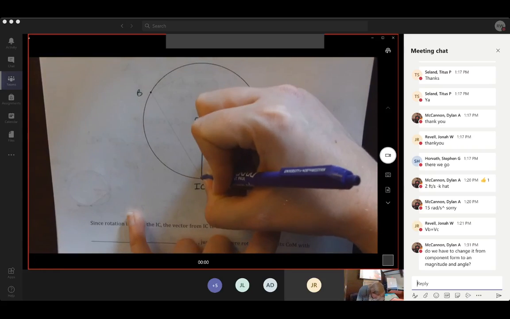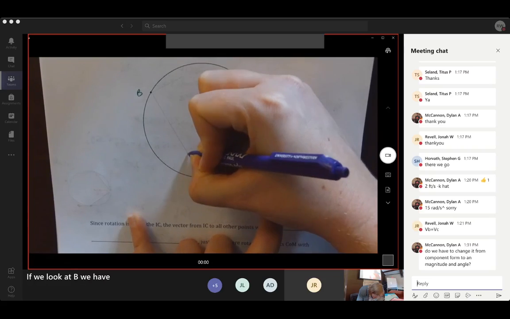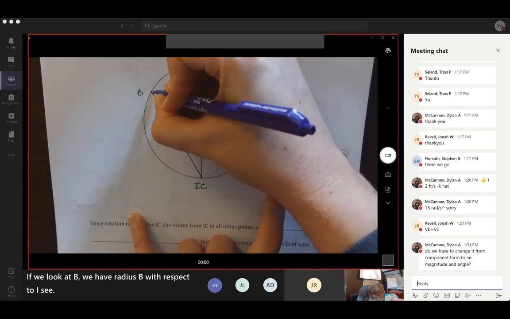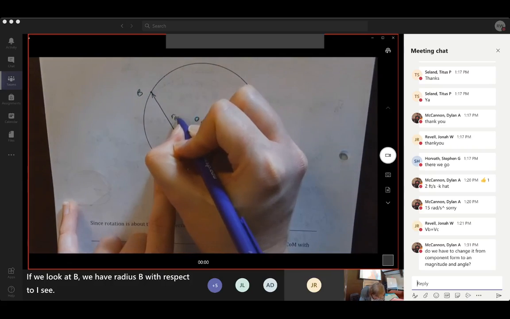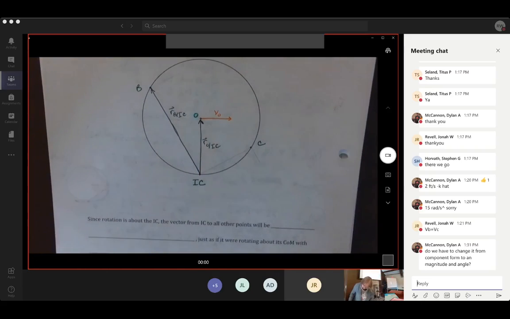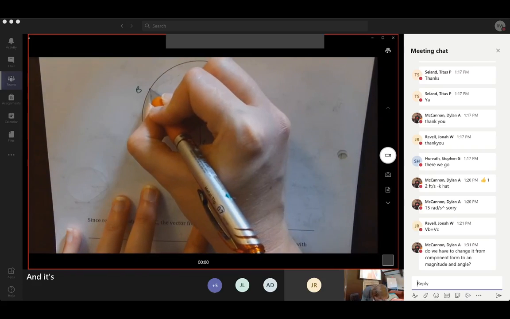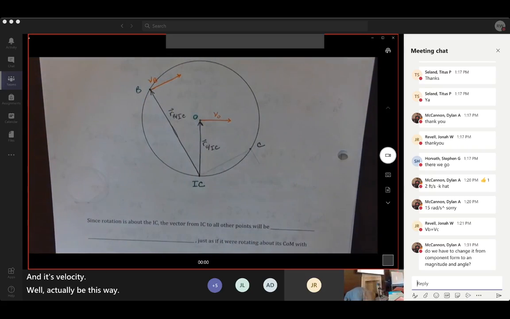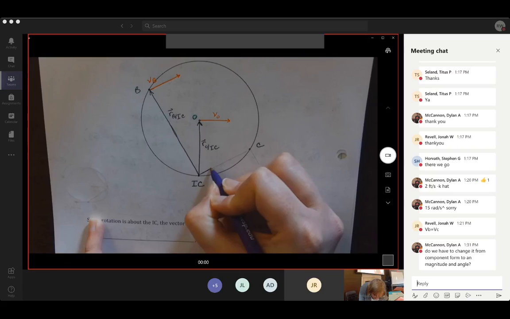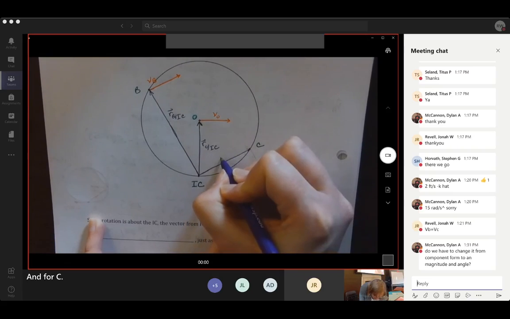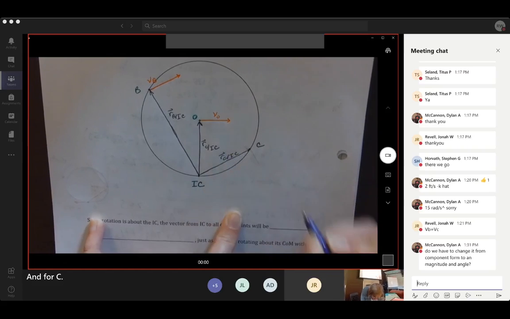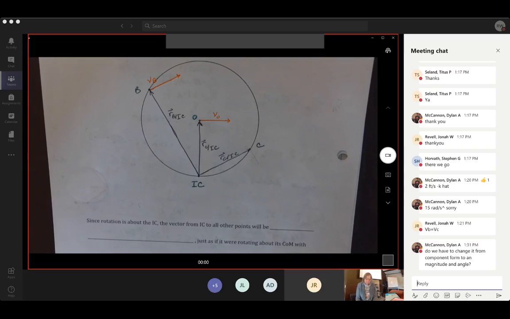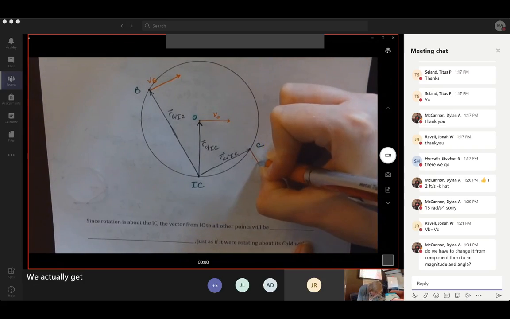If we look at B, we have a radius B with respect to IC. And its velocity will actually be this way. And for C, we actually get a velocity down that way.